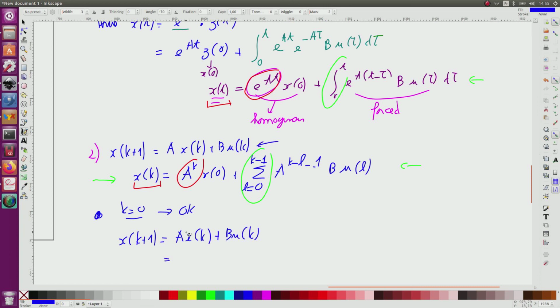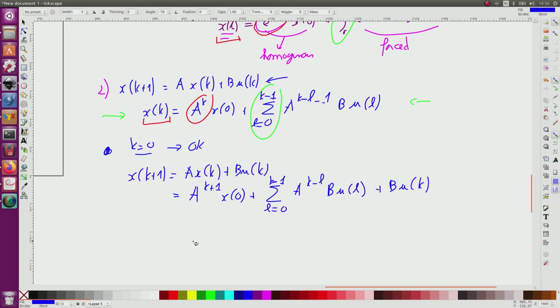Okay, so now I will take this formula and I will obtain that it is A times this, so it will be A power k plus 1 x0 plus the sum for L equal 0 to k minus 1 multiplied by A power k minus L, so I don't have the minus 1 because I multiply by A, B u of L, plus, also I have to add to this, B u of k.